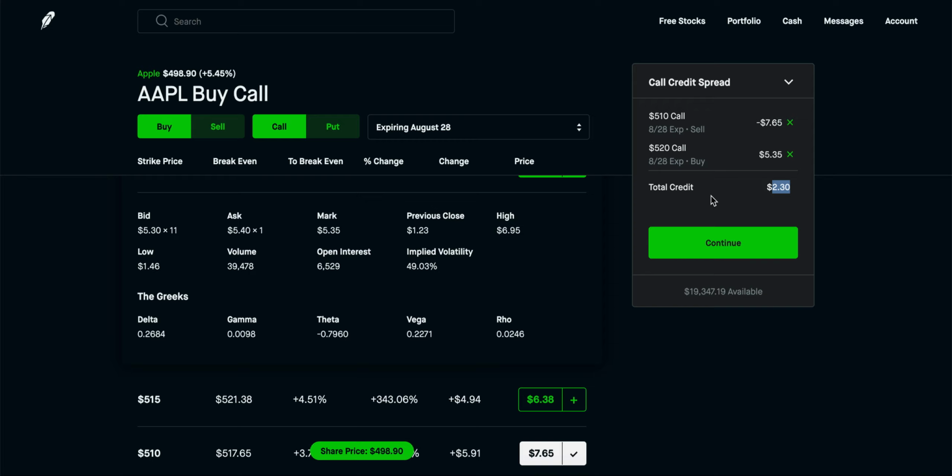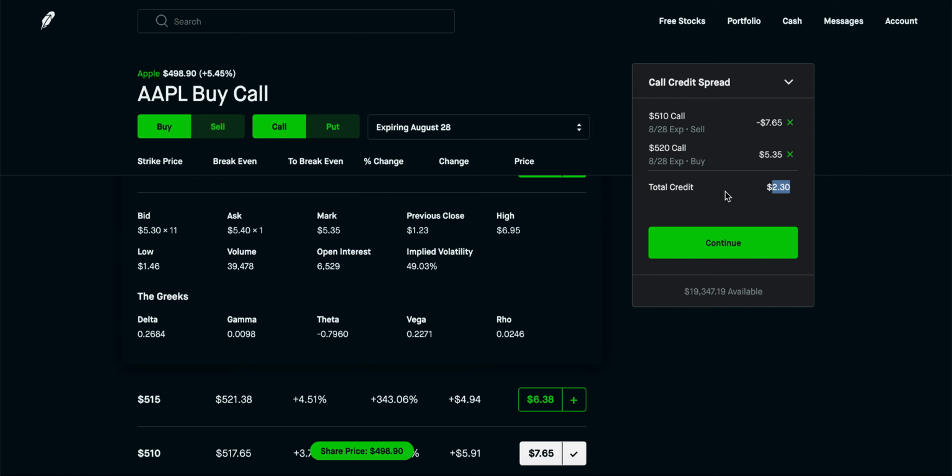Your max risk in this trade is 1,000 minus 230, because you already got the 230 credit. The most this could go is 1,000, so your max loss is 1,000 minus 230, that's 770. You cannot lose more than that.